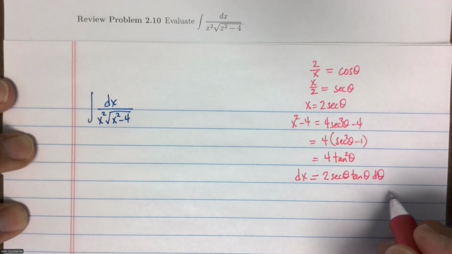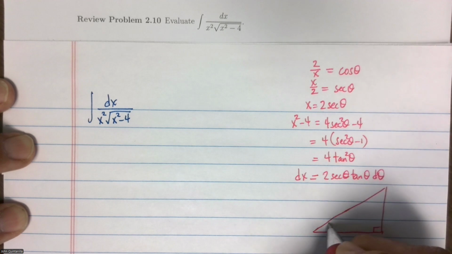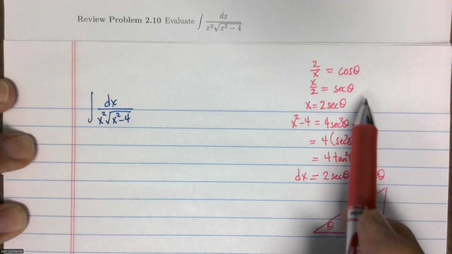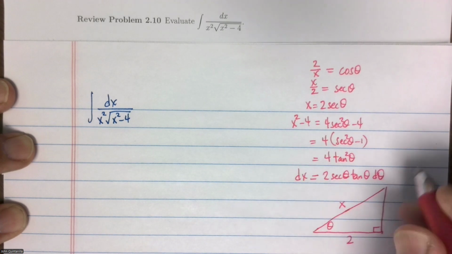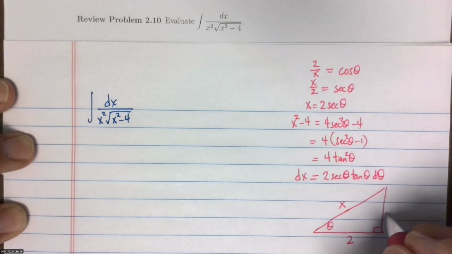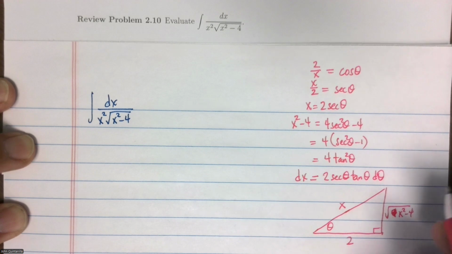So if I draw the reference triangle for this, here's theta. Cosine is adjacent over hypotenuse, 2 over x. And so the other side here will be the square root of x squared minus 4, by the Pythagorean theorem.